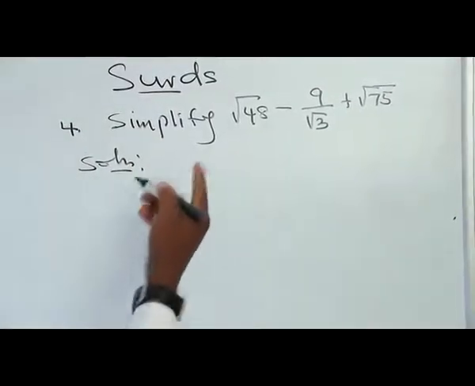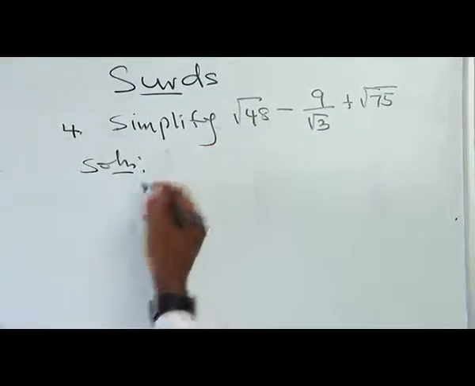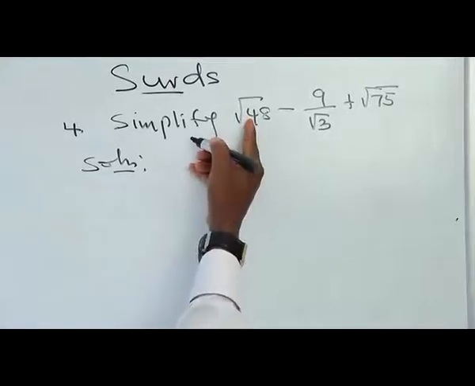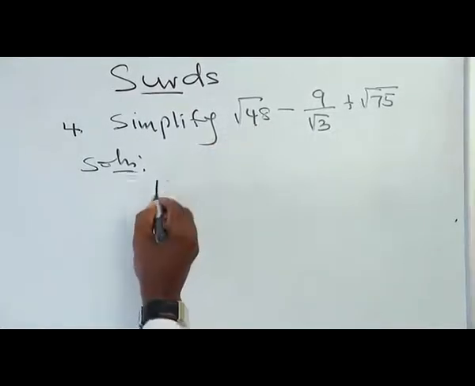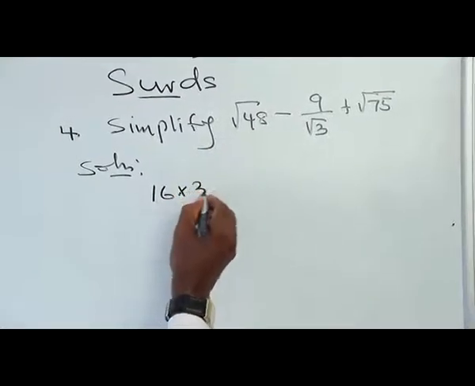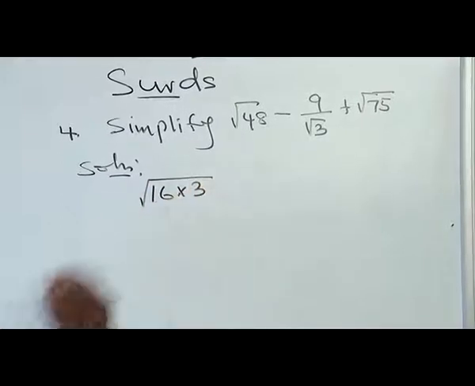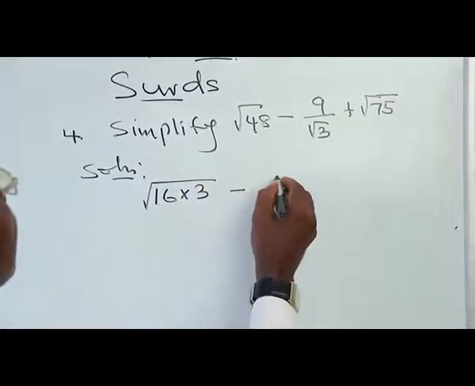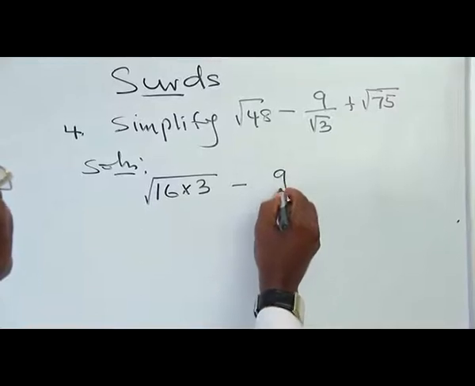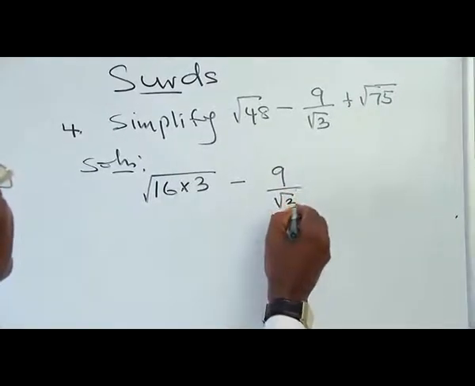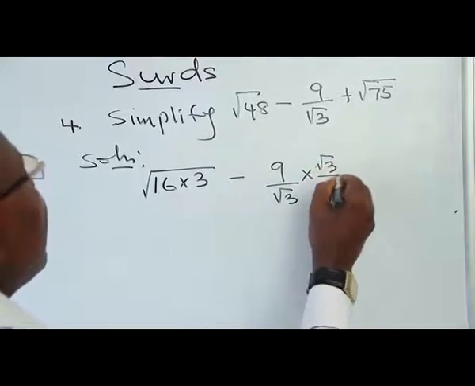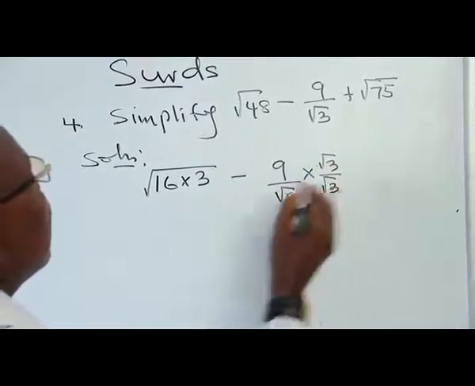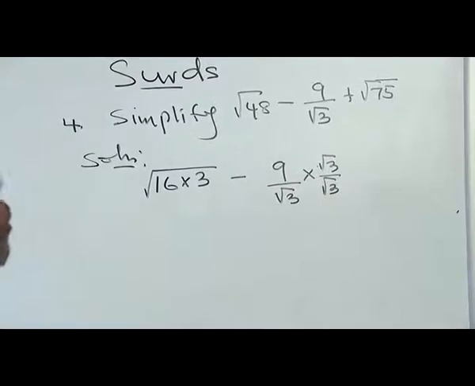If you take a look at this, 4 can go into this. 4 here is 1 and 2. So this becomes root of 16 times 3 on that square. Minus 9 all over root 3. Rationalize it to become root 3 and then divided by root 3.